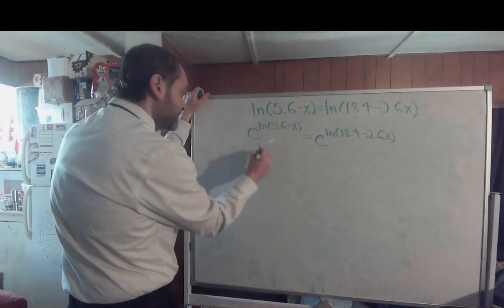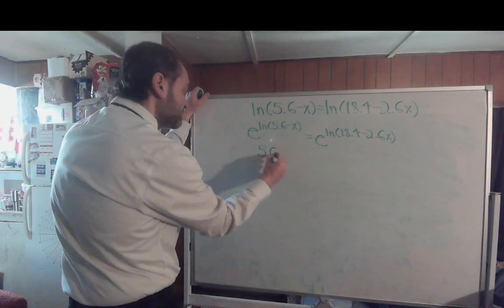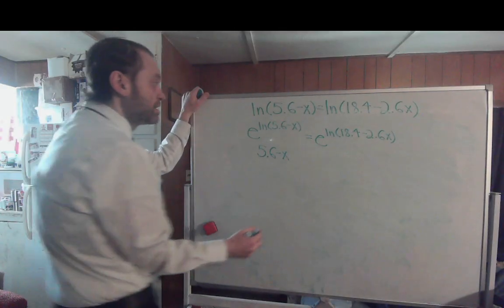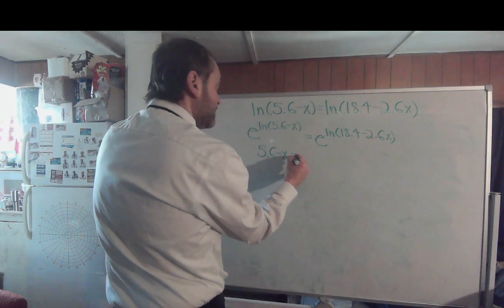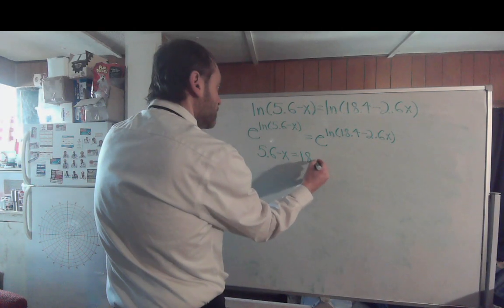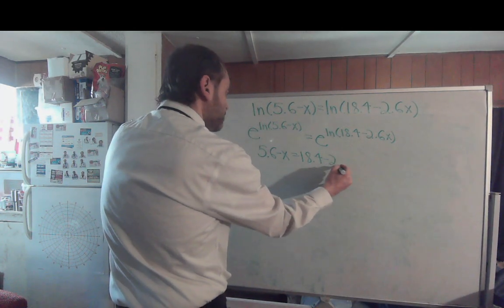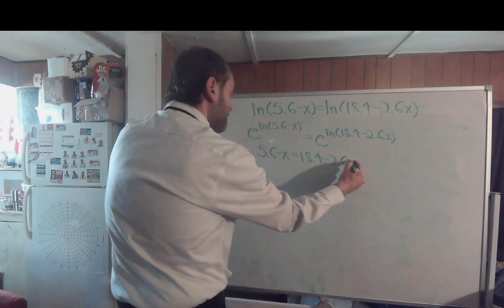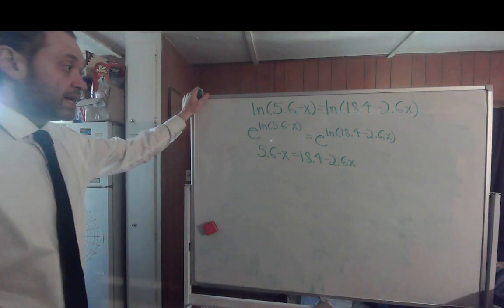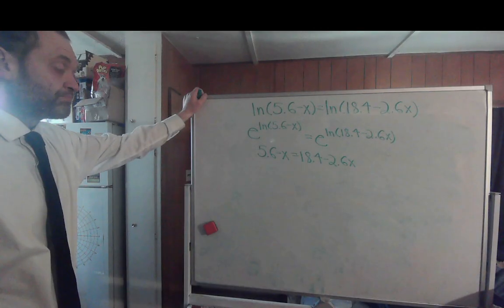You're just left with the exponents. 5.6 minus x equals 18.4 minus 2.6x.